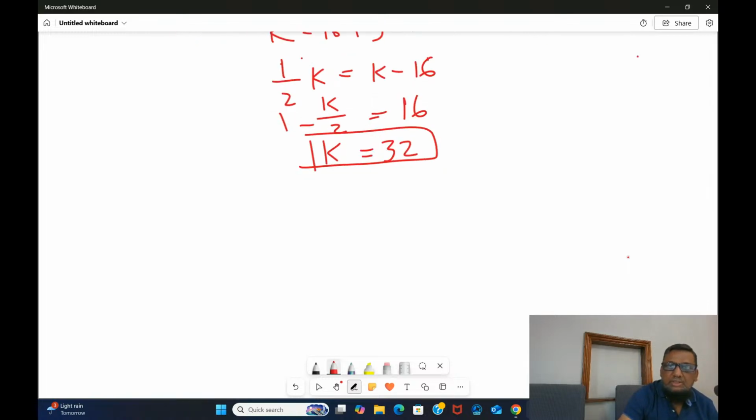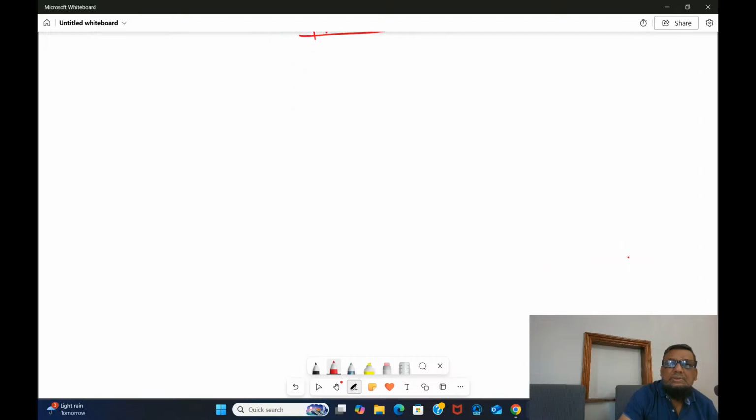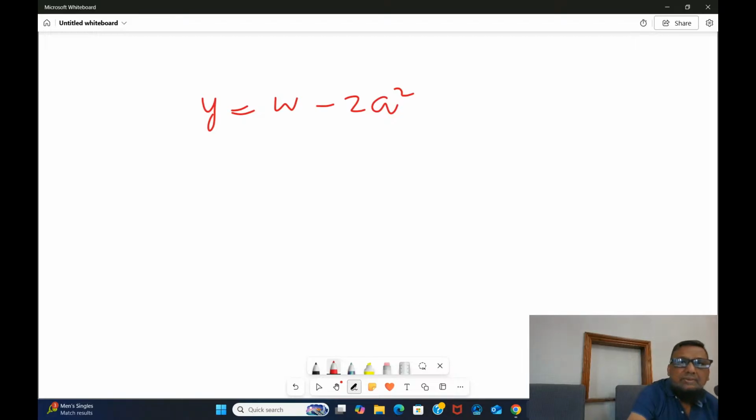So the question: y equal to w minus 2a square, and the value of w is given, which is 400, and the value of a is given, 5.